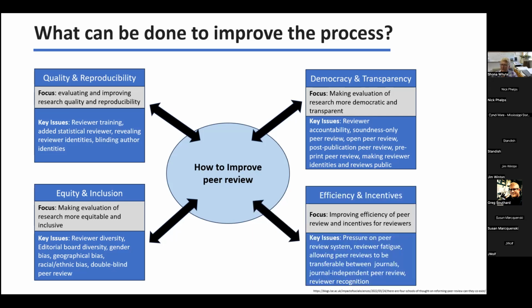And the last one is improving efficiency of peer review and incentives for reviewers. There's a lot of pressure on the peer review system, there's reviewer fatigue. So this is about transferring peer reviews between journals and having reviewer recognition. Really, the improvement of the process would probably be a combination of all of these areas.